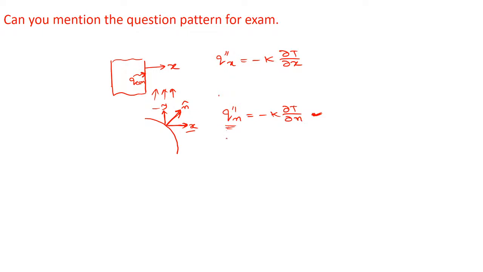Now this is heat flux. If you want to calculate the heat transfer rate, you multiply with the area. So if you have the elemental area here, q double prime n dA, then obviously it becomes a scalar quantity.